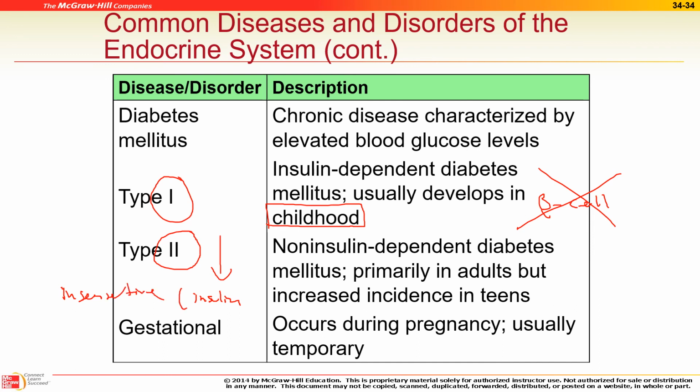So even though there is adequate insulin, your body has no idea what it is. And lastly, during pregnancy, many women can develop gestational diabetes. Usually goes away after birth of the child. Get it checked. Runaway diabetes during pregnancy can lead to a very, very large baby. So in the third trimester, you just want to check the baby size, make sure there's no complications.